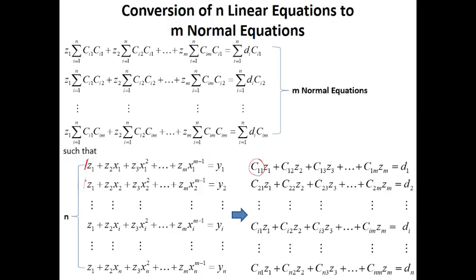Lahat ng 1. So, para naman dito, ito yung C21. So, dito, CI1. Yun dito, CN1. So, sabihin niyan, C11 equals to C1, C21, and so forth, CN1.